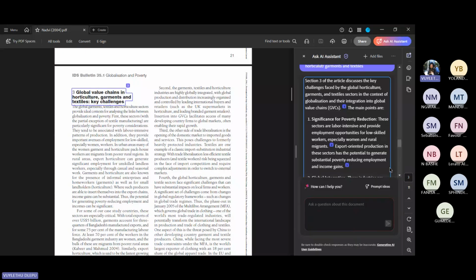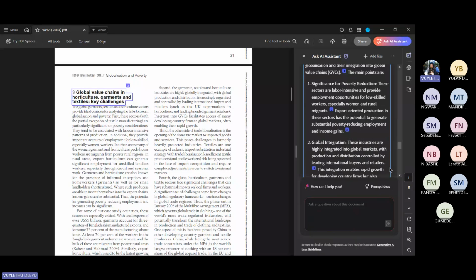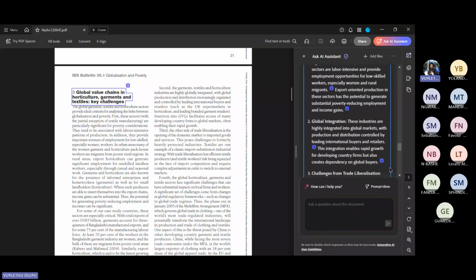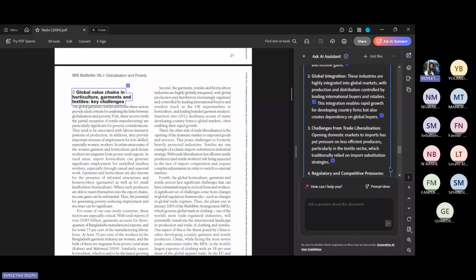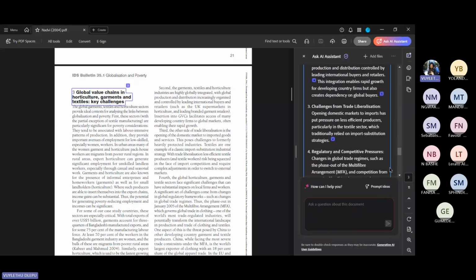No, but that's not a challenge. Because now that's not a challenge. These industries are highly integrated into global... Okay, challenges from trade. Opening domestic markets to imports has put pressure on less efficient producers, particularly in the textile sector, which traditionally relied on import substitution strategies.